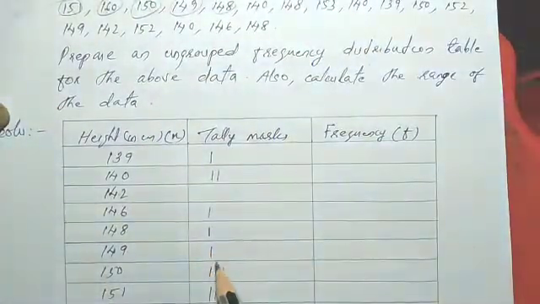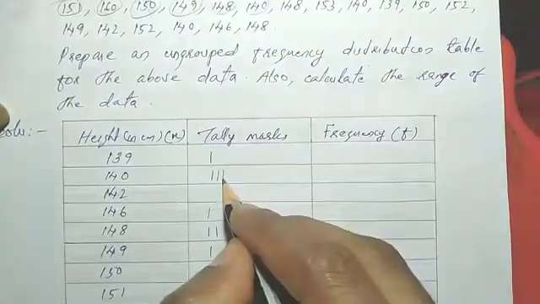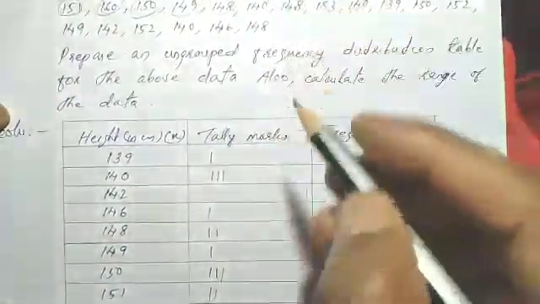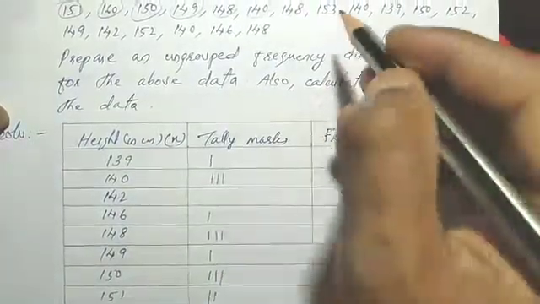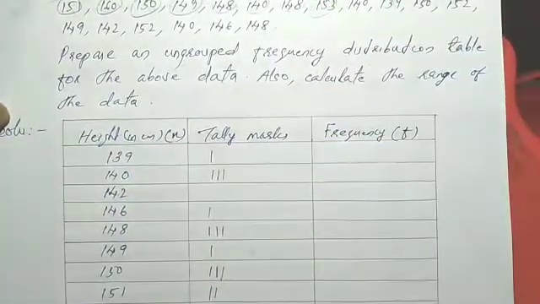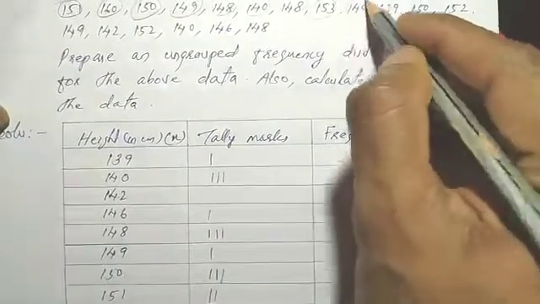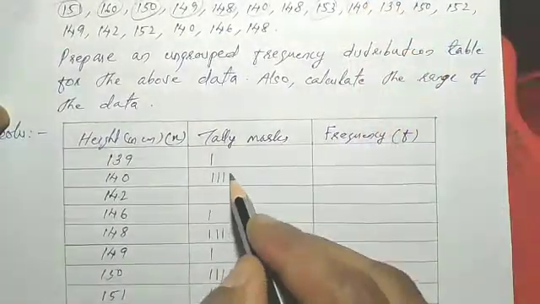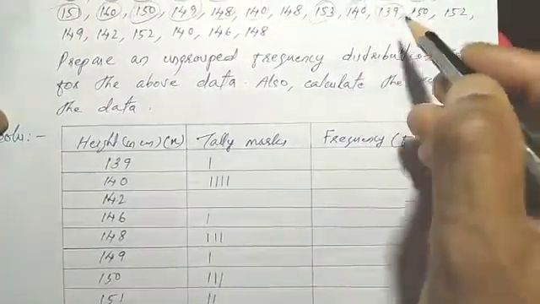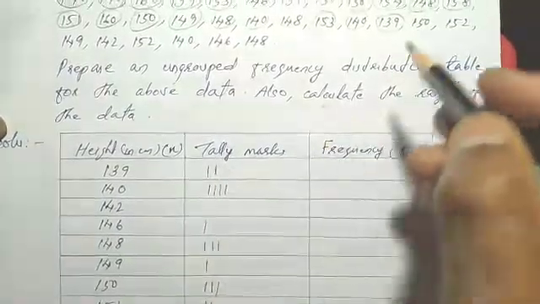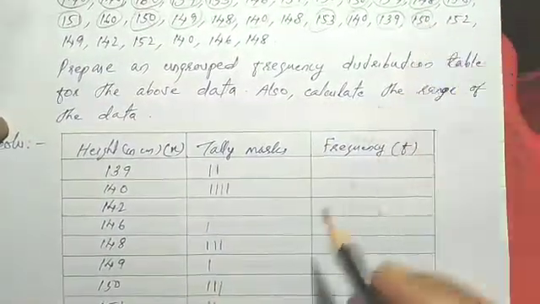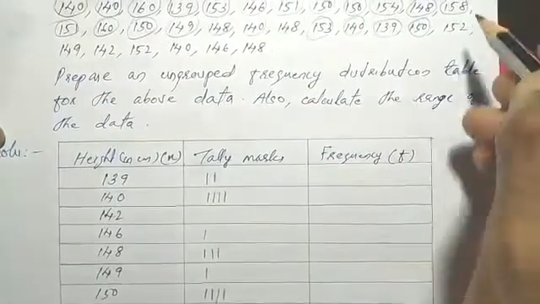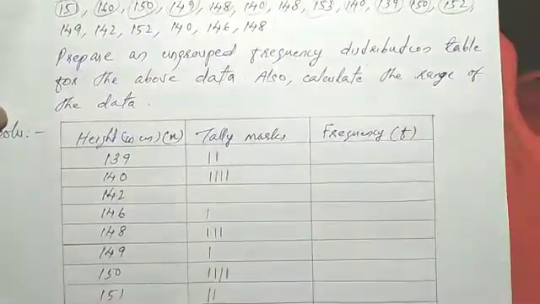148. 140 comes here. Next one 148. 153. 140 is here. Next one 139 here. Next one 150. Next one is 152.